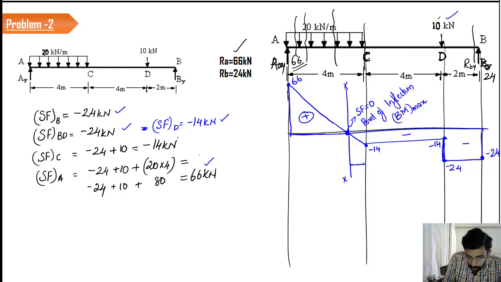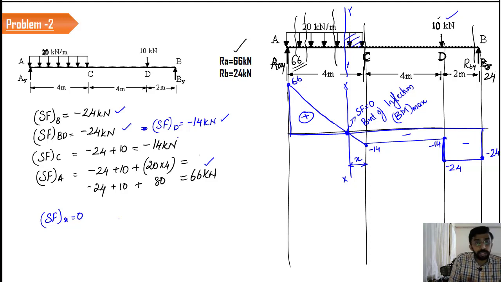I will give the distance as X. The shear force at X is how much? 0. We have to consider all the loads at X. That means this is the location of X. I have to consider this 10 kilonewton and this 24 kilonewton. All these things we have to calculate.